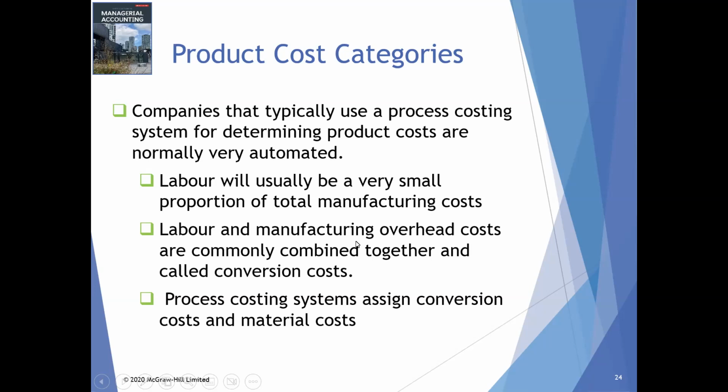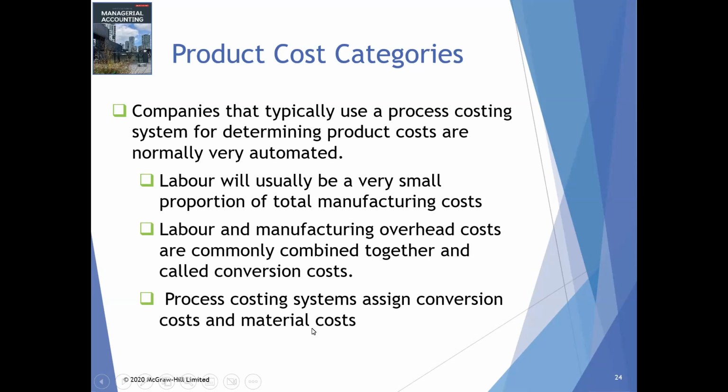So labor and manufacturing overhead costs are commonly combined together, and the combination of these two is known as conversion cost, right? So the process costing system assigns conversion cost and material cost.